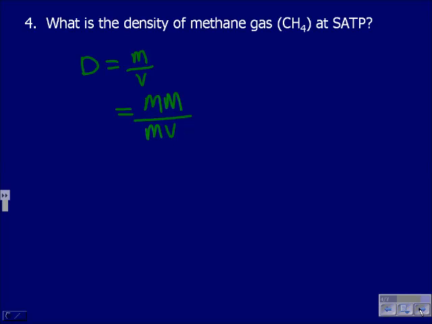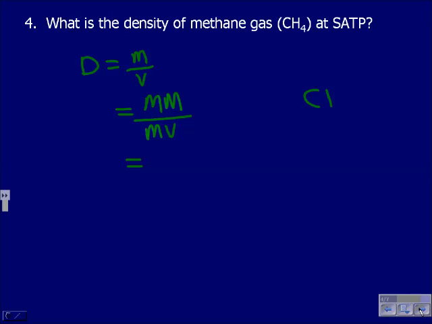I'm simply using 1 mole of the substance as my sample. So for the density of a gas, take the molar mass and divide it by the molar volume, and you have the density at that particular temperature and pressure. In this case, SATP.